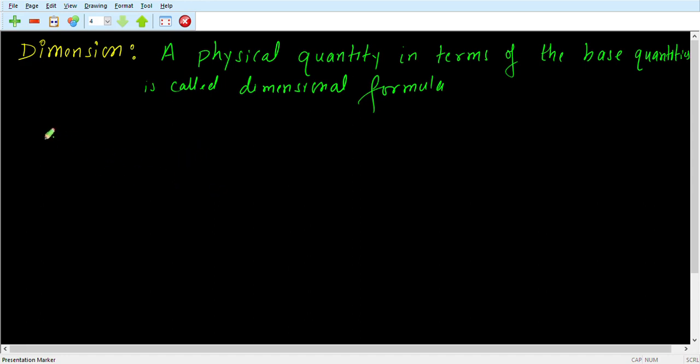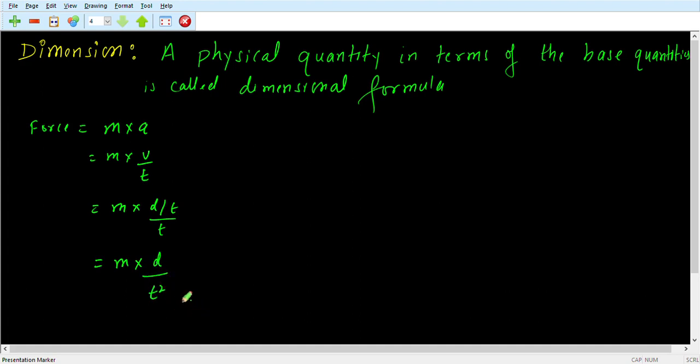For example, if I'm talking about force, force can be written as mass times acceleration, but acceleration can be written as velocity upon time. But velocity can also be written as displacement upon time. So overall, we can write force as mass into displacement upon time to the power 2. We know the displacement is a length.